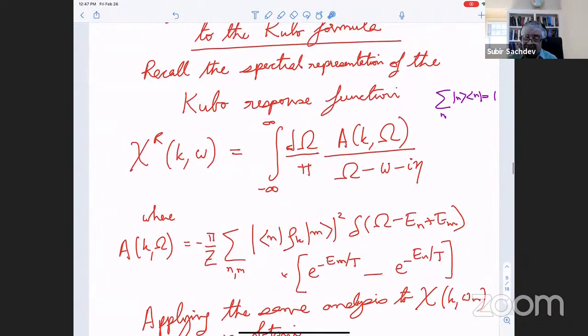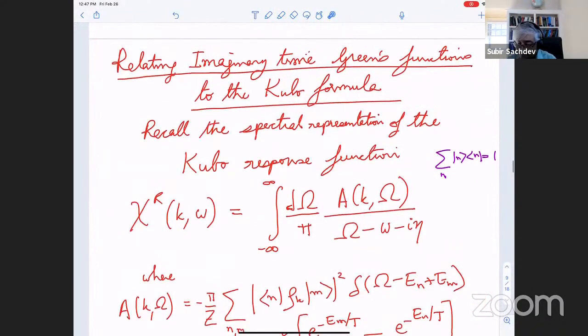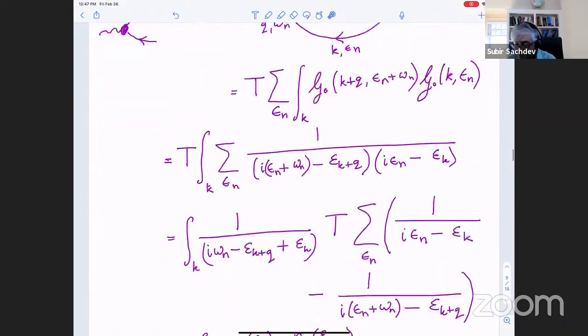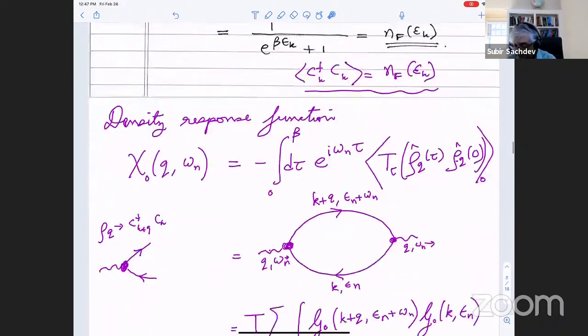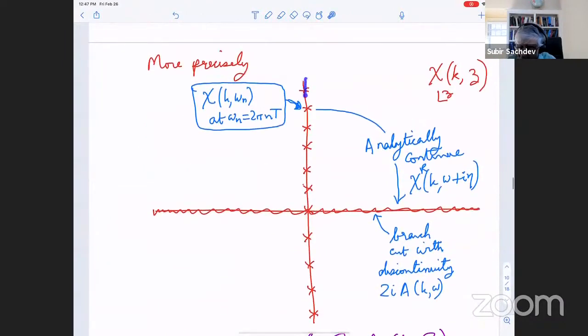Remember, the Kubo formula had no time ordering; it was just the commutator. And there's this very beautiful relation, I don't know who discovered it first, between a time-ordered correlation on this axis. So what we're computing is the time-ordered correlation function on this axis, and the commutator on this axis.